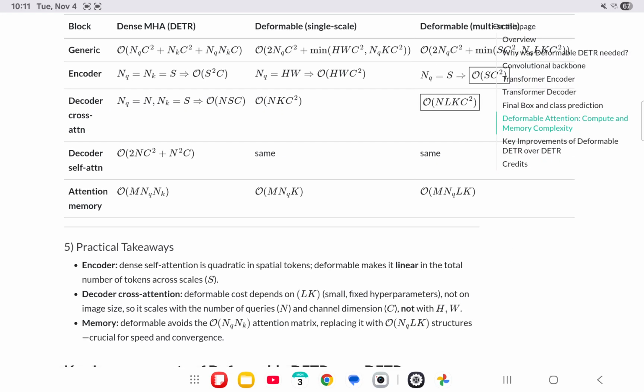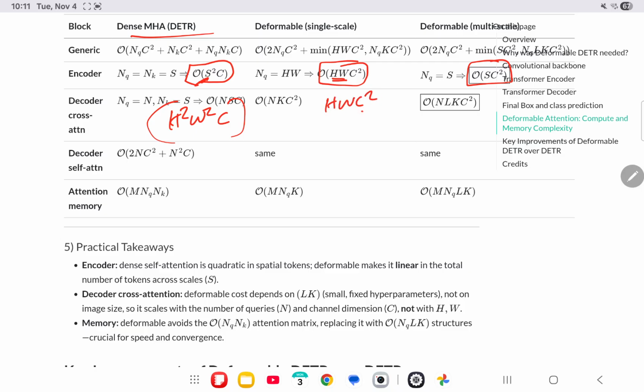So if you look into the encoder side, the dominant term in the encoder side, so you have this in DETR, and in Deformable DETR it's of linear order. So here it's quadratic order, it's actually H square W square C. Here, if we are only looking at one layer, it's HWC square.